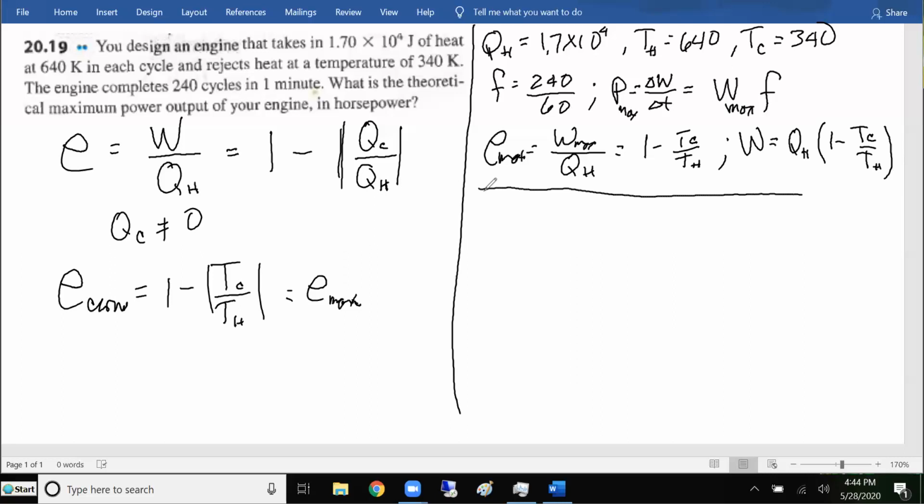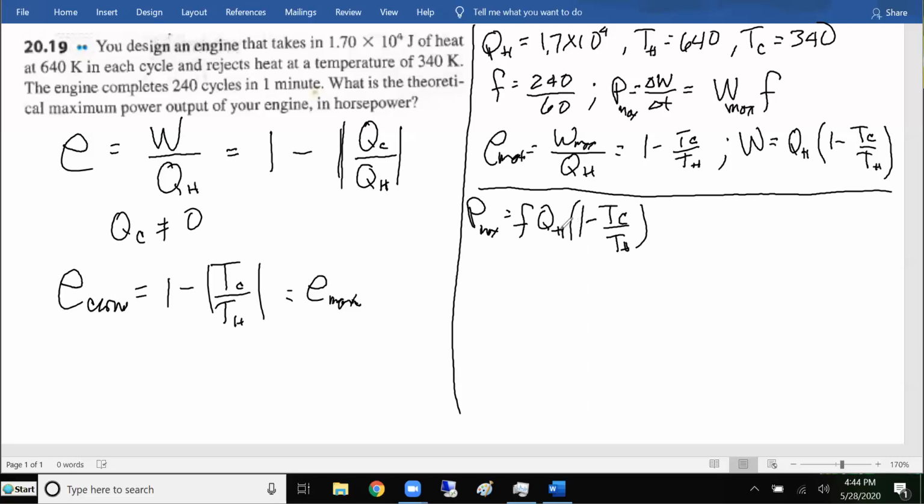So to put all of that together, P max, and that will just be power from now on, is F QH times 1 minus TC over TH. Now these are in MKS units, so this power will be in watts.